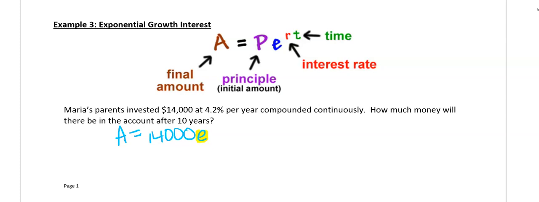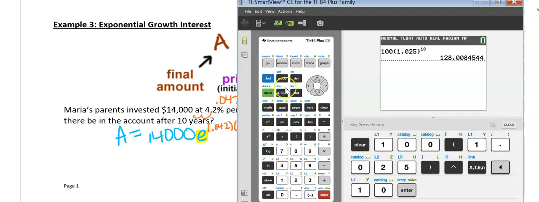And don't forget, guys, we do have to convert that over. That would be 2 places over, divide by 100, which would be 0.042. So 0.042 times the time, which is 10 years. And you will enter that in the calculator. So let's bring up our calculator. You do have to have a graphing calculator for this one.